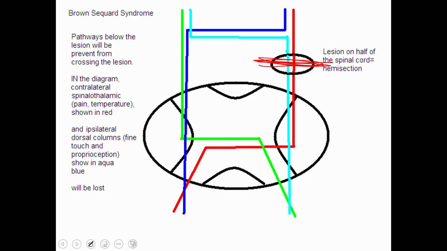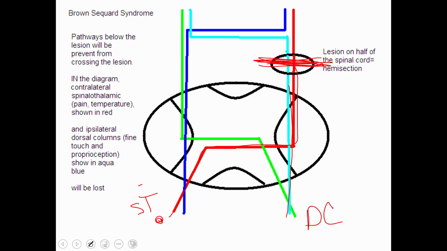That's the contralateral spinothalamic and the ipsilateral dorsal columns. You see, if we cut right here and we feed back, so temperature and pain on the opposite side, discriminating touch on the same side.